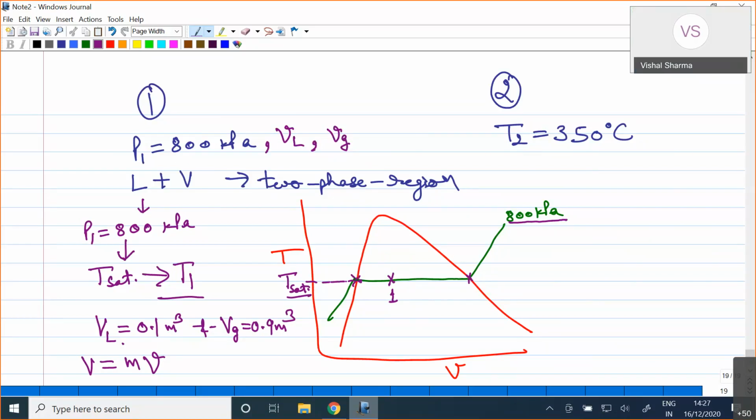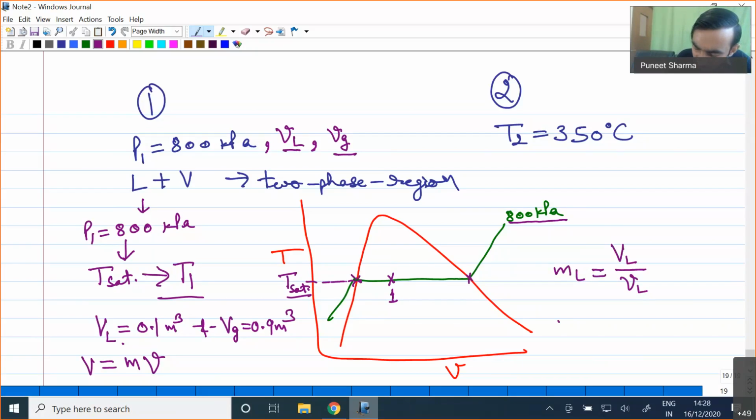So at 800 kilopascals, the specific volume of liquid and specific volume of gas are known from the saturated table. So if this is known, the mass of liquid will be volume of liquid divided by specific volume of liquid, and the mass of vapor will be volume of gas divided by specific volume of gas. Is this point clear?